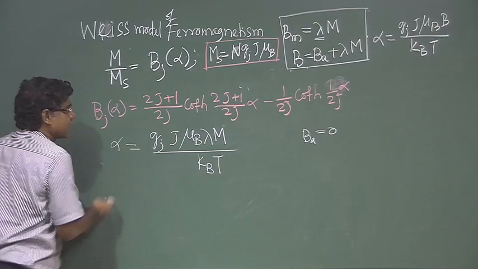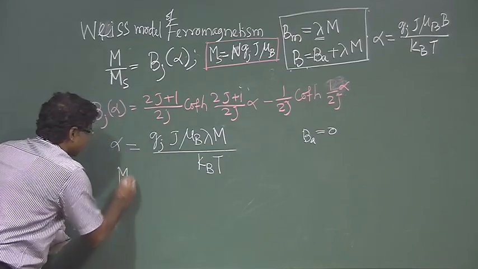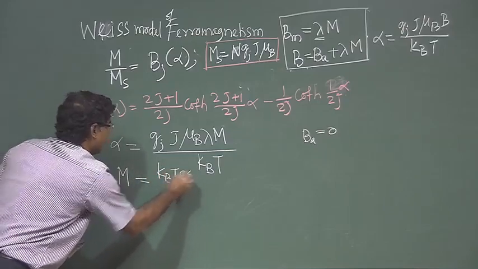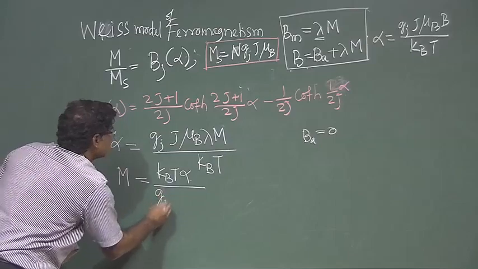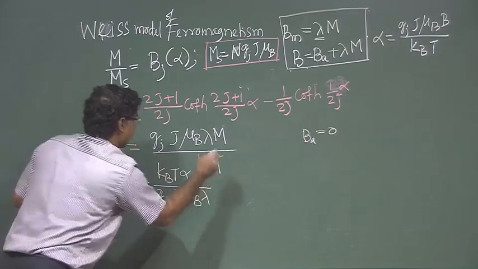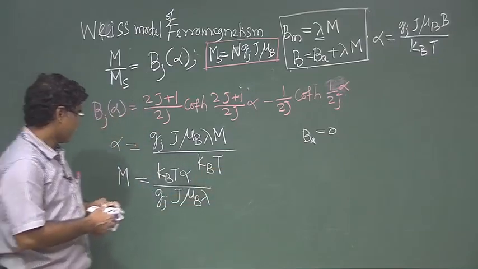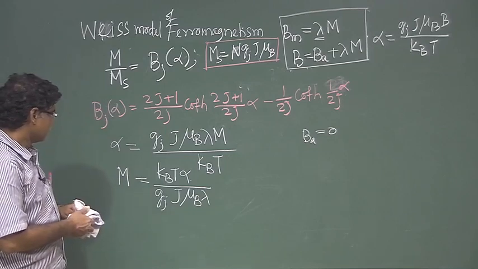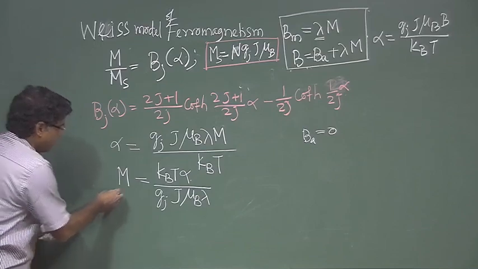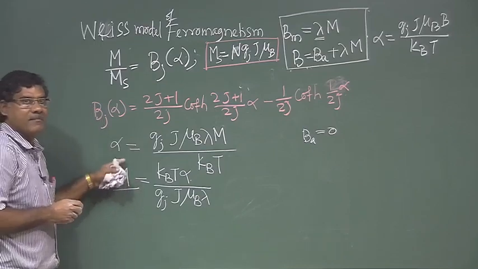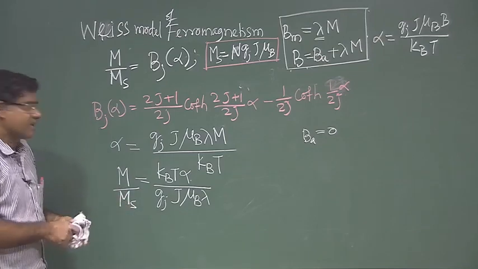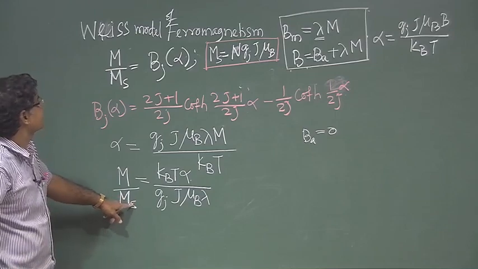Now from here I can get M equal to kBT alpha divided by Gj J mu B lambda, right. Then if I write M by Ms, just as a reference of Ms, this is what Ms is.